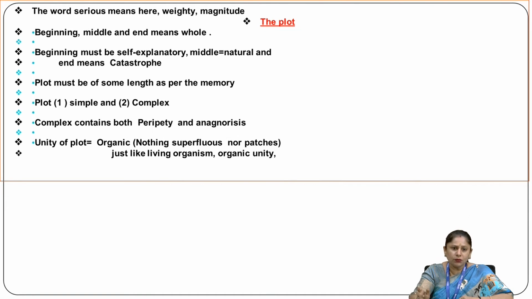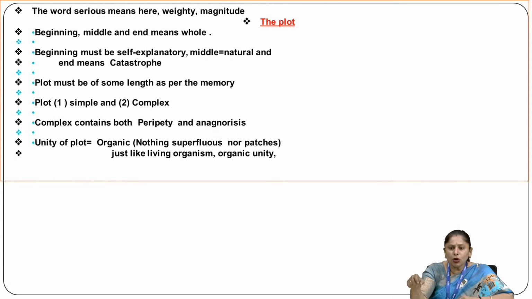Look, simple and complex, two kinds of plots Aristotle mentioned over here. Complex contains both peripecia and anagnorisis, and simple plot has unity of plot. It is an organic kind of a plot where nothing is superfluous or patched, just like a living organism and organic unity.